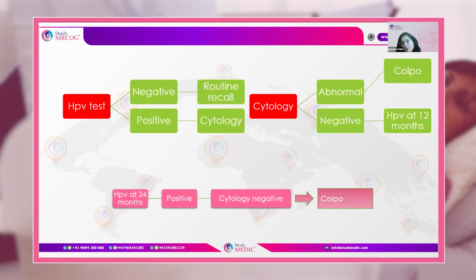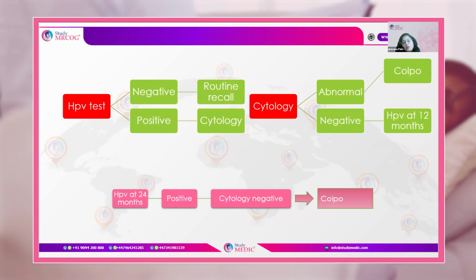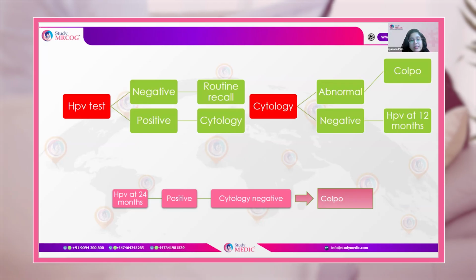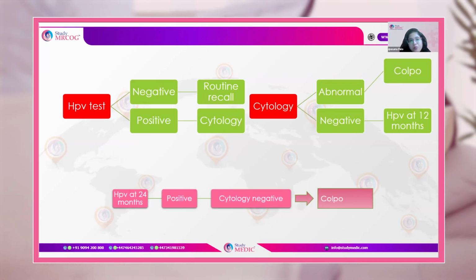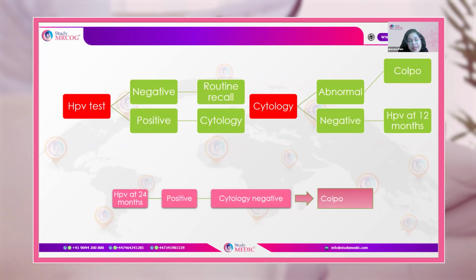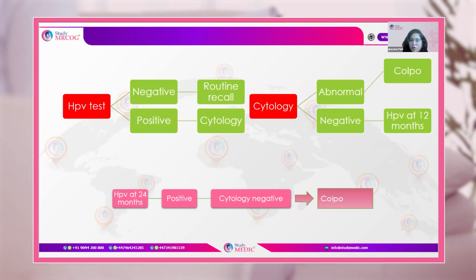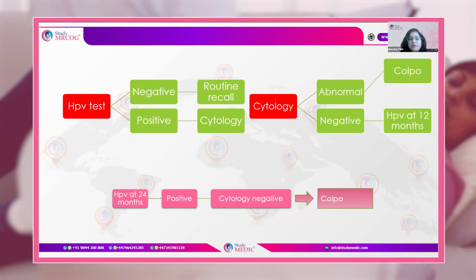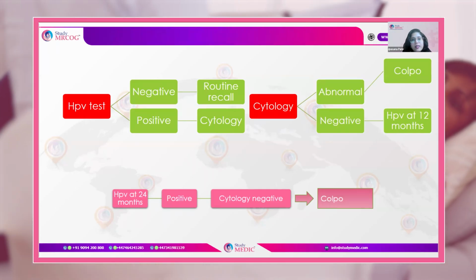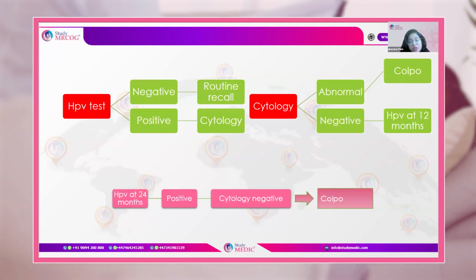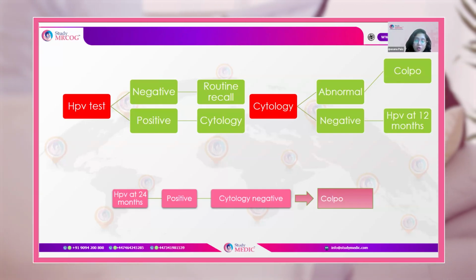Now, this is the first part. We all know that the primary screening test for cervical cancer is now HPV testing. When you are doing HPV testing for an individual, it can come out either negative or positive. If it is negative, you go for a routine recall, that is again after 3 years, and in case it is positive, then you need to go for a cytology.